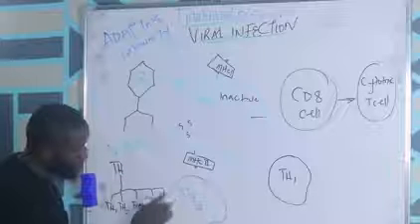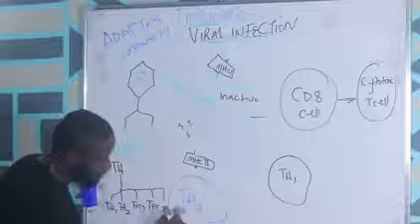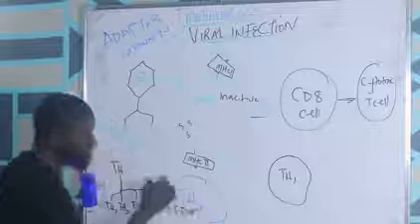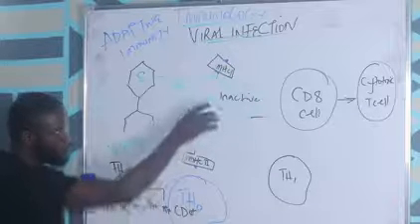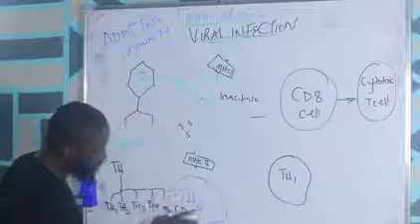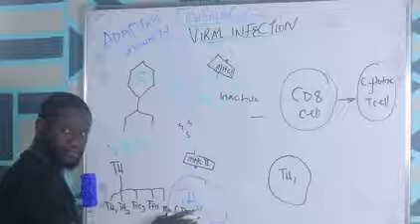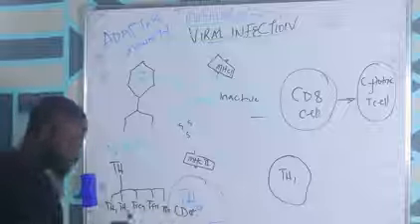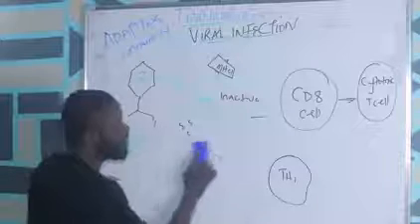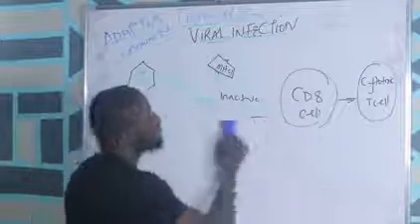Now the TH0, do not forget, the T helper cell is a type of CD4 cell, so it's mediated by a CD4 cell. So now we want to activate our macrophage. I'm going to shift this here so that you see the diagram better.